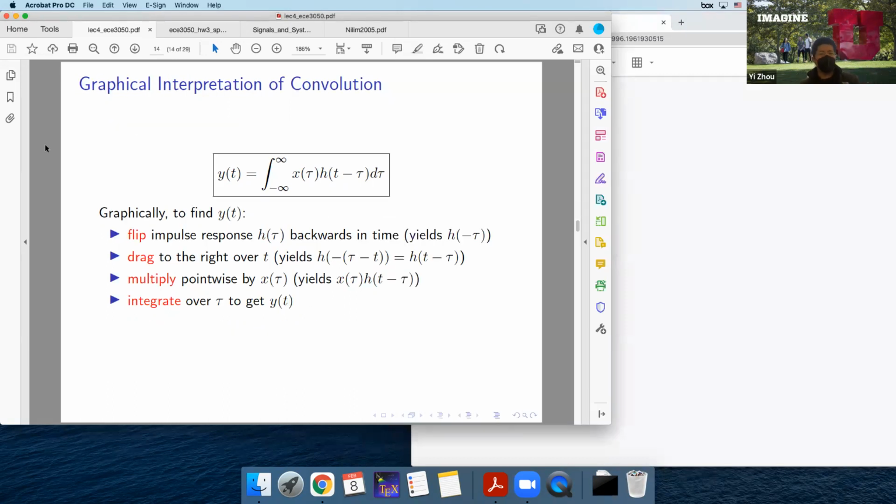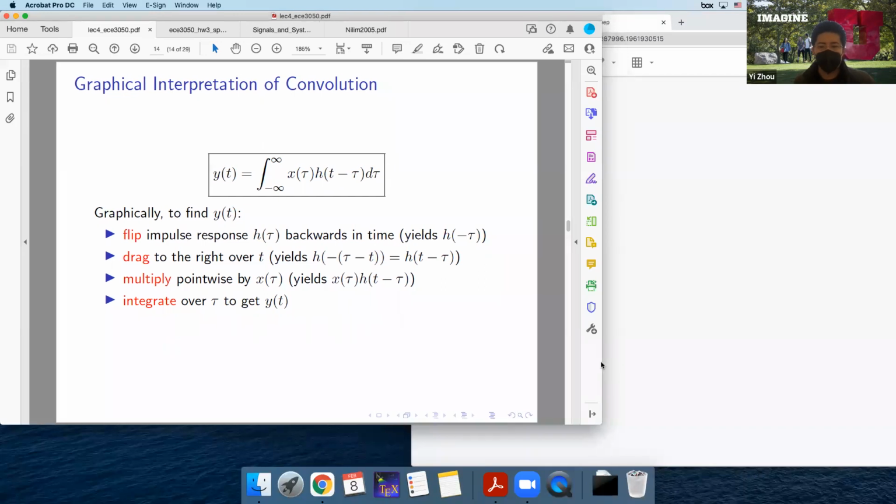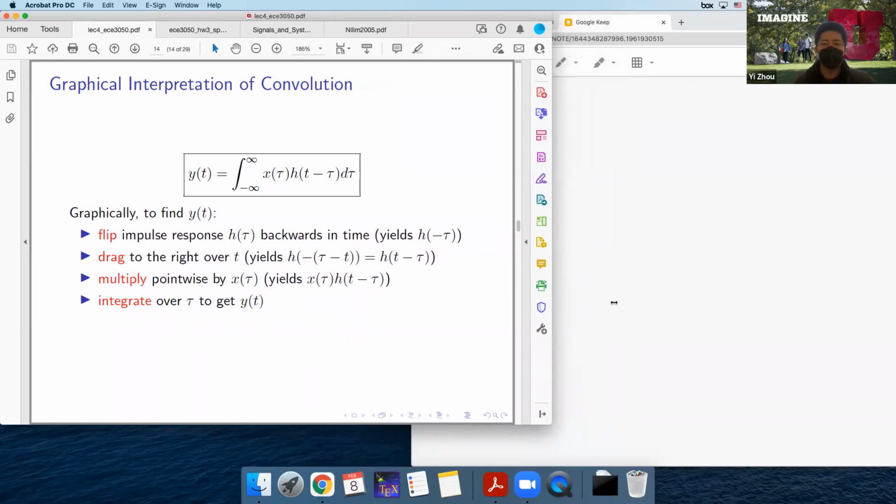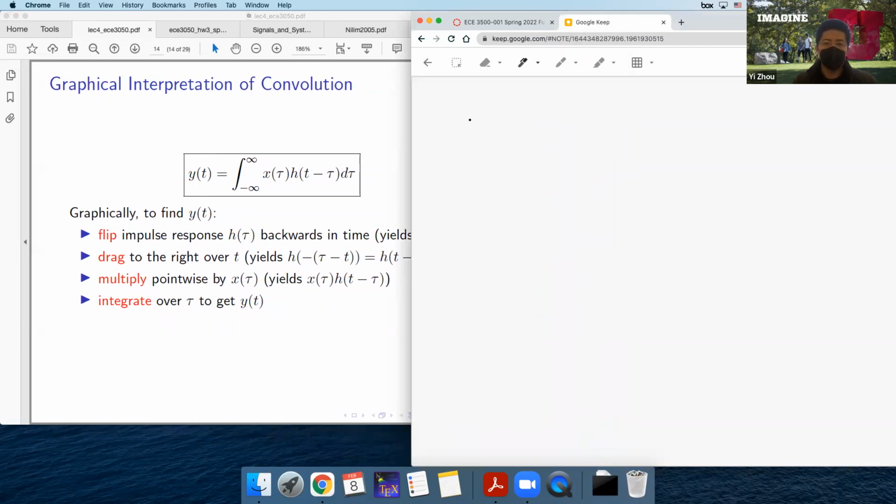So last time we introduced this very important operation for LTI systems called convolution. Basically, if we feed a signal x(t) to an LTI system, and we are given the impulse response signal of this LTI system, let's say it's h(t), then the corresponding output generated by the LTI system can be characterized by the convolution between x and h.